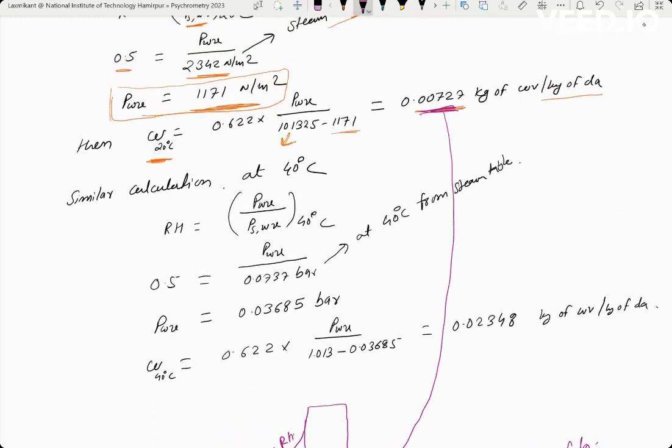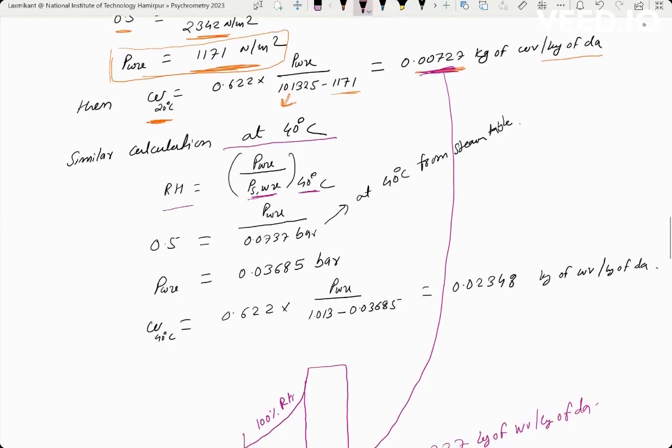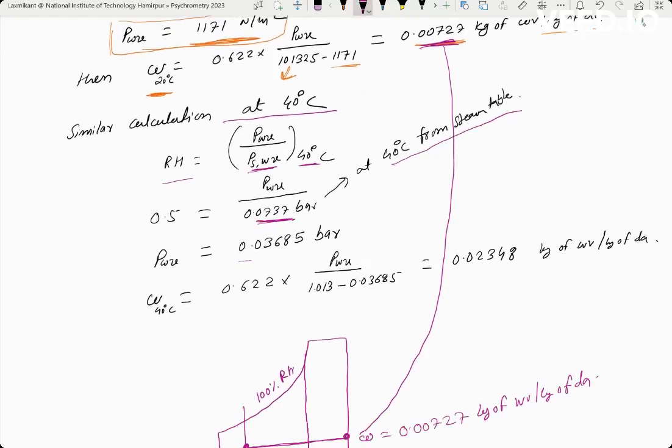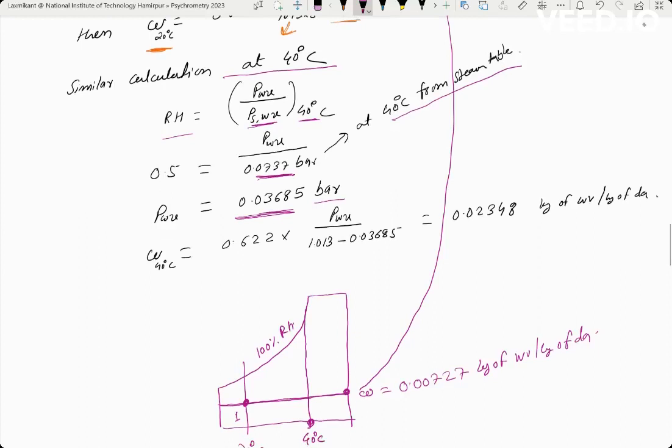Again RH equals P water vapor over P saturation, but at 40 degrees Celsius. From the steam table, the saturation pressure at 40 degrees Celsius is 0.073 bar. So the vapor pressure is 0.03685 bar. So the humidity ratio at 40 degrees Celsius, if we put in this value, will be 0.02348 kilogram of water vapor per kg of dry air.